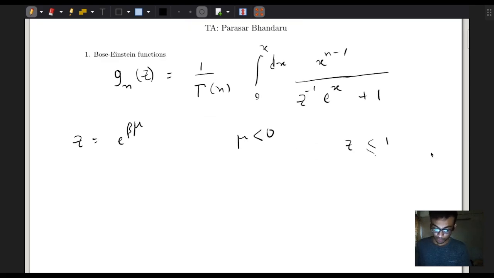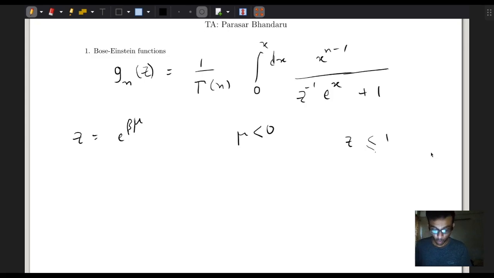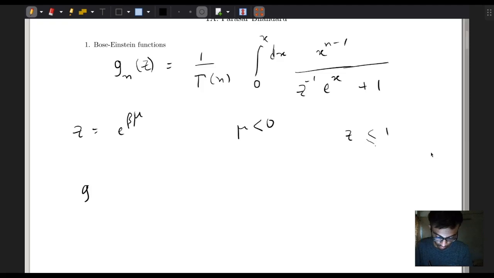To get an infinite sum or a series representation for this integral, we can again expand this denominator for z less than 1. And what we'll see is that it's very similar to what we did for fermions.